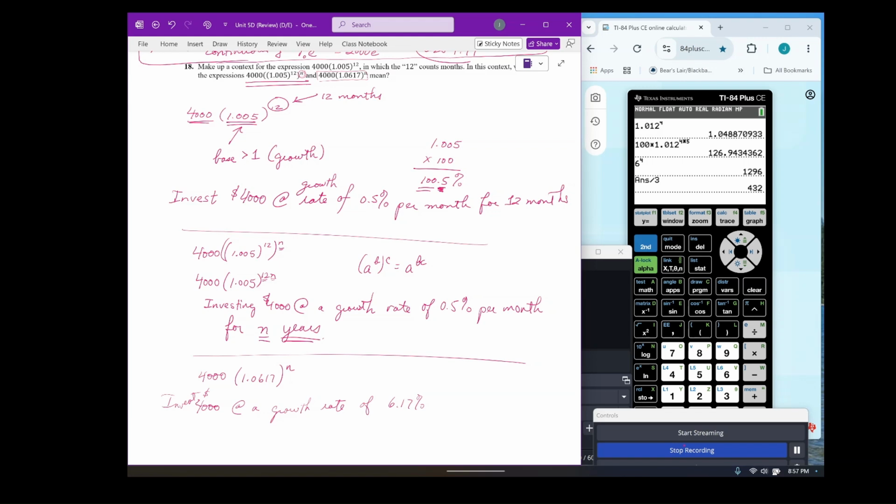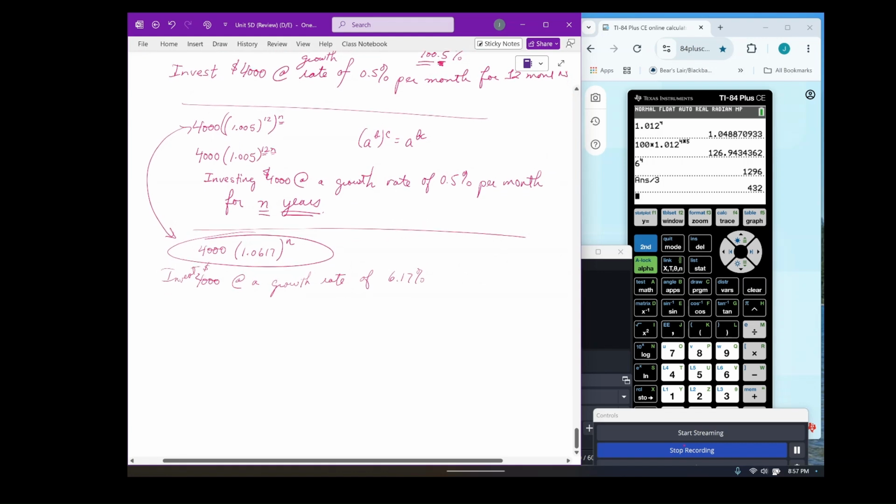Now this is not just some random expression here. That's actually derived from this one up here. So let me show you this. 4,000 times 1.005 to the 12. Remember, we're saying 12 is months, so this would be 1 year. So the question could be, how do I get the yearly rate? Right now I know that 0.5% is the monthly rate.